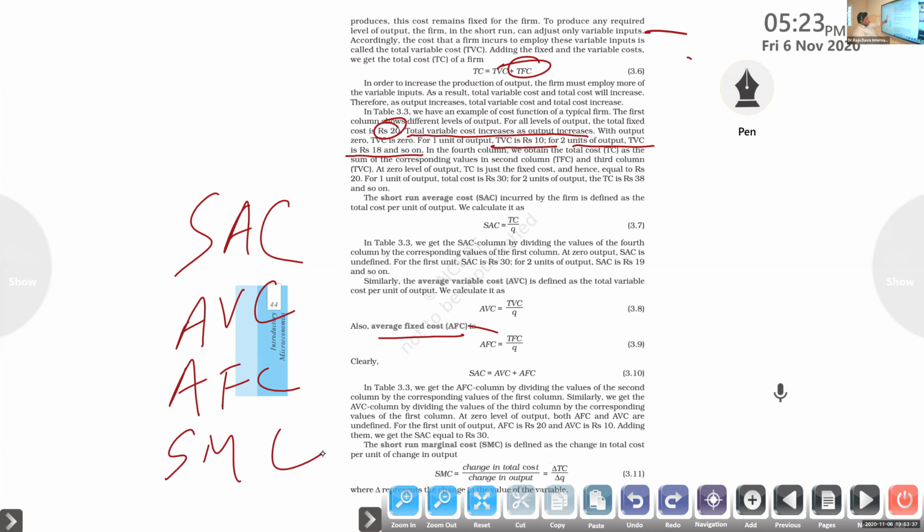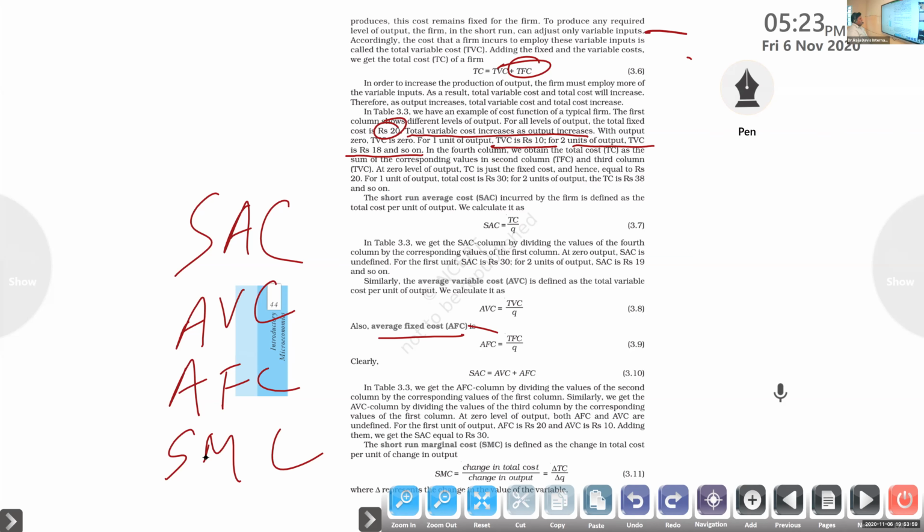Here, C is the cost. There is no change in that. We are discussing cost, so C is always the cost. A is always for average. S is short run. M always denotes marginal.